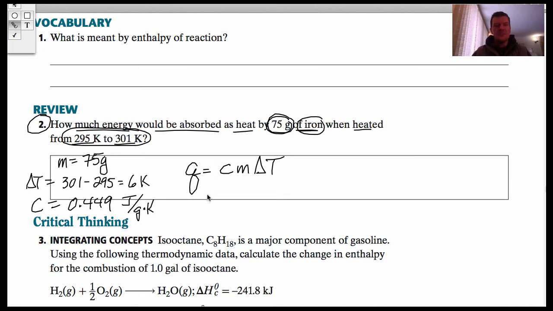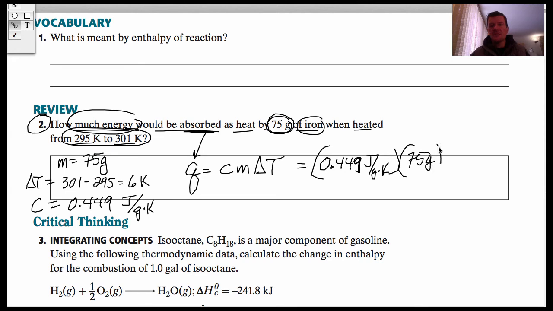Okay? Just plug in the values because we're asked how much energy would be absorbed. That's the Q value. So all we do is we put in our C, 0.449 joules per gram Kelvin times 75 grams times 6 Kelvin. Look at the units, by the way.